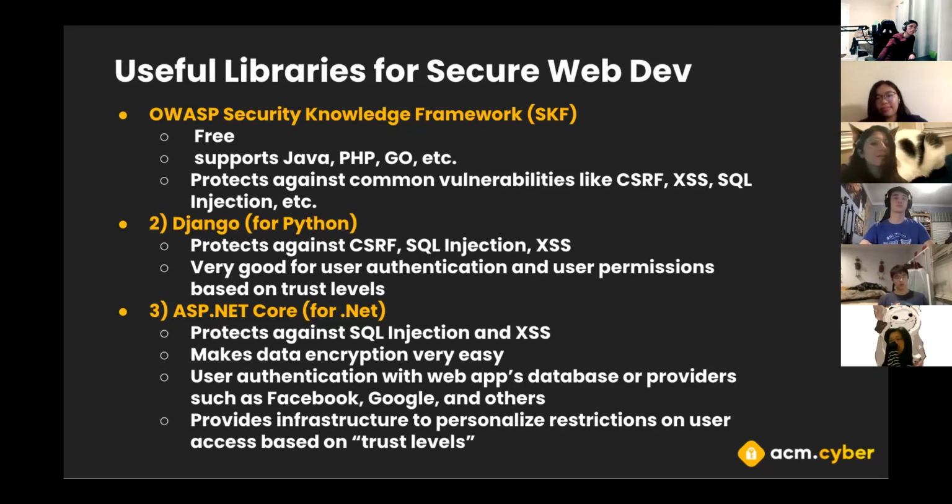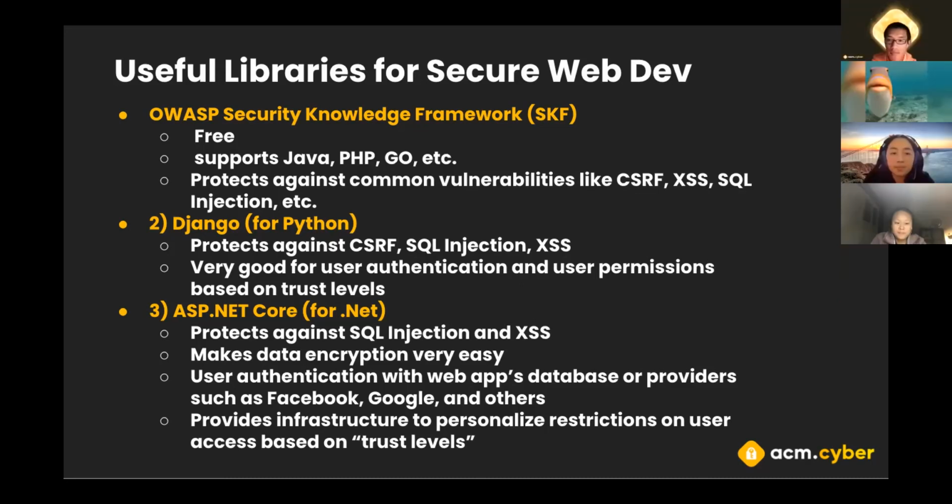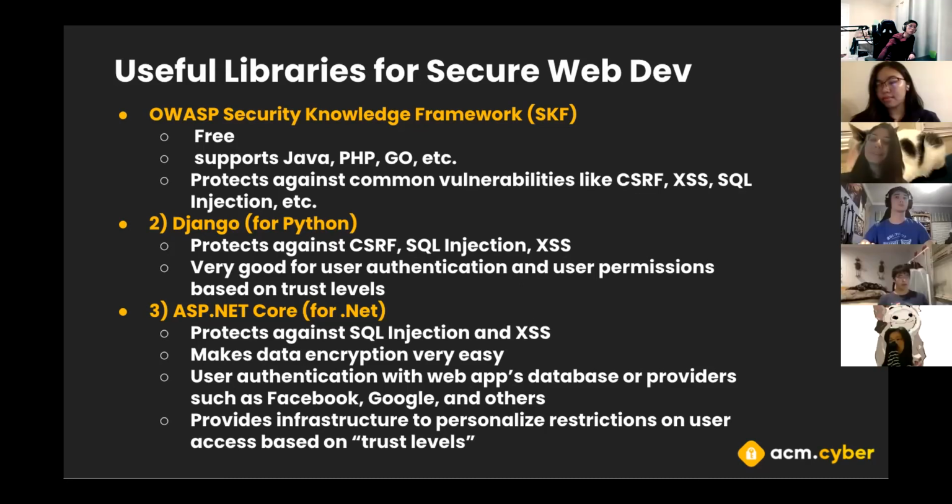And then finally, for those of you who use .NET, which I didn't think was that common, but apparently is, ASP.NET Core comes very highly rated. It does the standard protections against those common attacks, SQL injection, cross-site scripting, but it also provides some additional perks. It makes your data encryption very easy, so that encrypting we talked about earlier helps protect your users' data and your application's data.